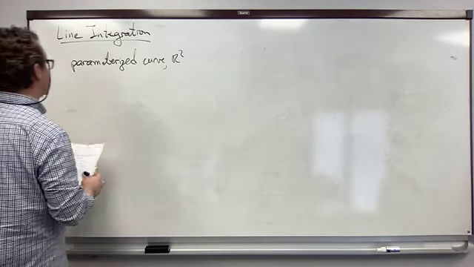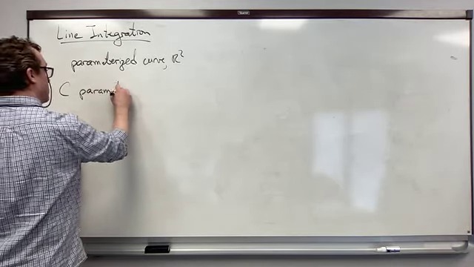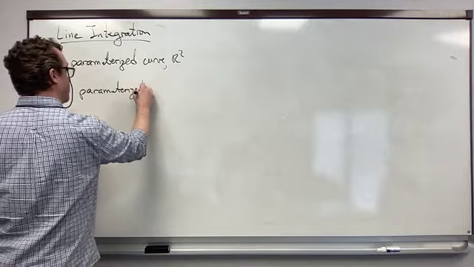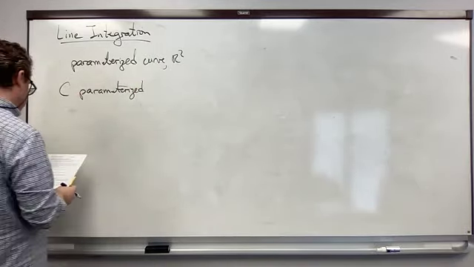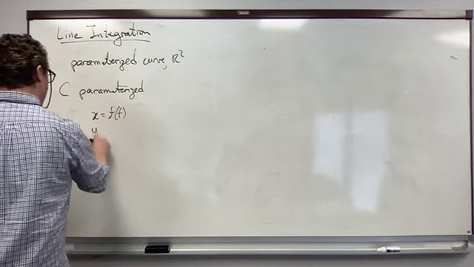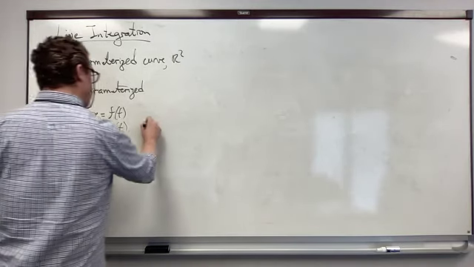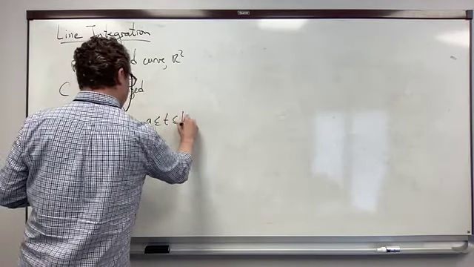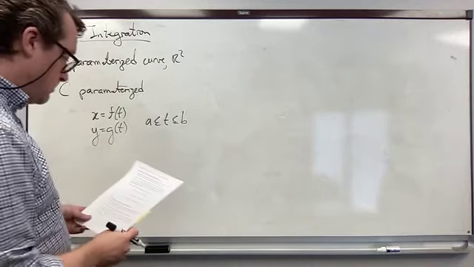Okay, so we're going to assume that C is parameterized. And we already looked at how you parameterize a path, a line in 2 space. So we're going to say x is equal to some f of t, and y is some g of t, right? And then we're going to let t vary from some a to b. If it was a closed curve, a would equal b. Okay.